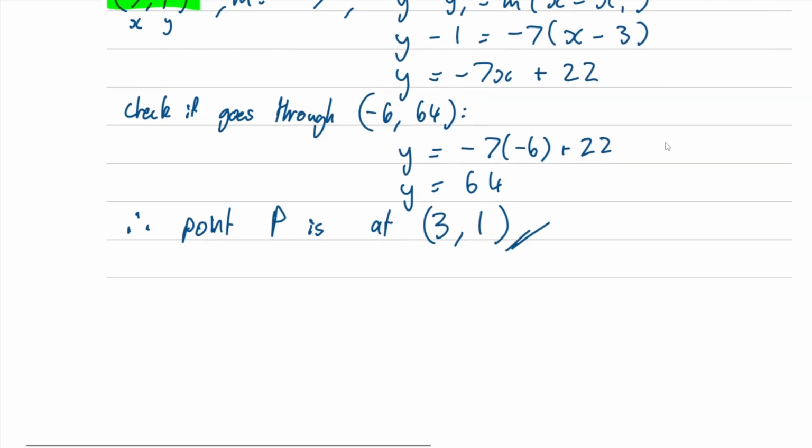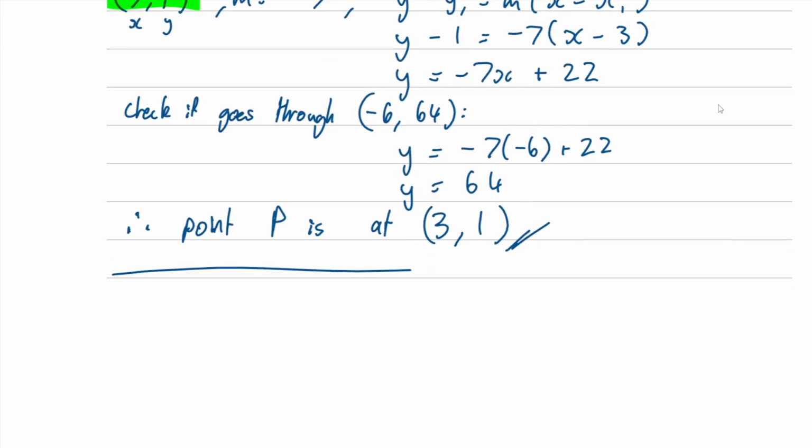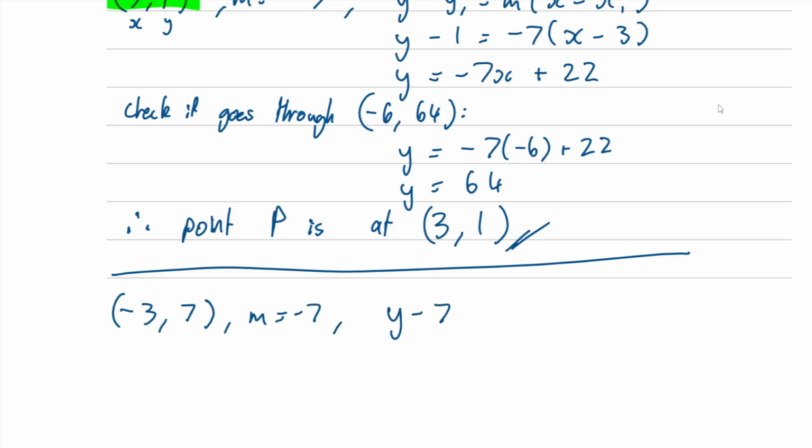Now for completeness, we should of course check the other point, just in case it could be either. So (-3, 7). This is just an extra check. Again, the same gradient. So y minus 7 equals -7 times x minus -3, so y equals minus 7x minus 21 plus 7, so minus 14, is the equation of the other tangent.